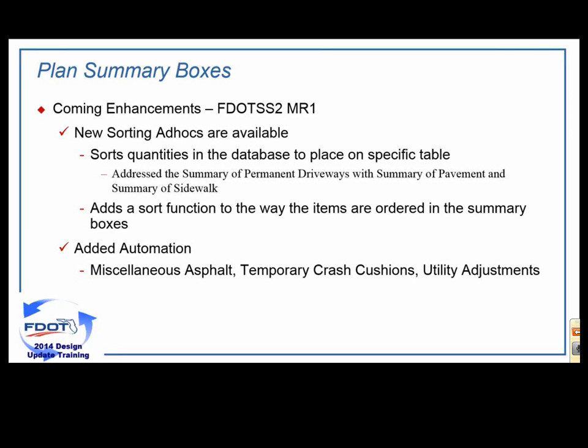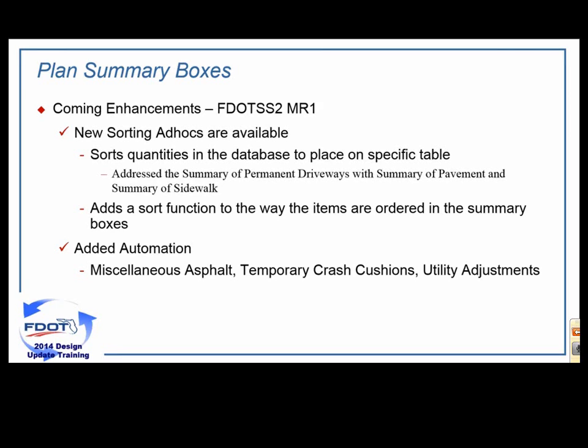One function is that within my database, and I can use the summary of permanent driveways as an example, within my database of quantities, there was not a way to determine which summary box that particular quantity would need to go on if there's more than one summary that it could go on, if that makes sense.